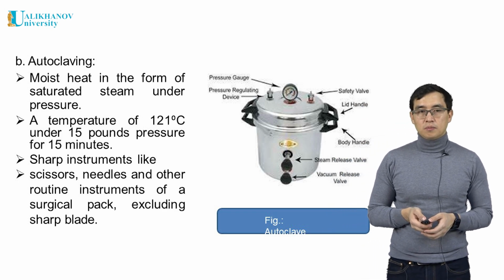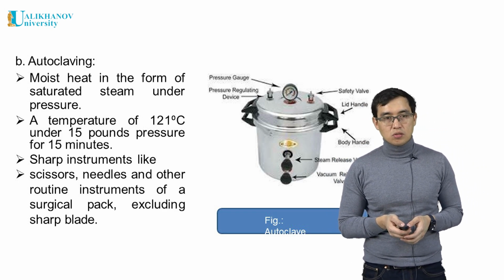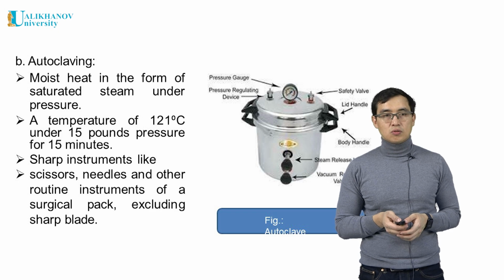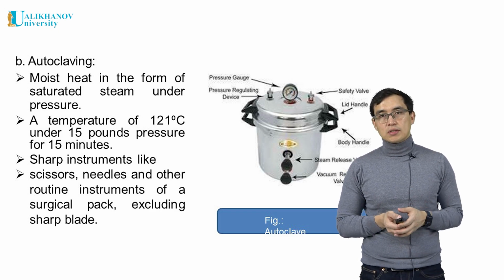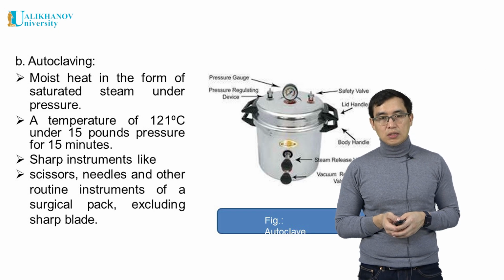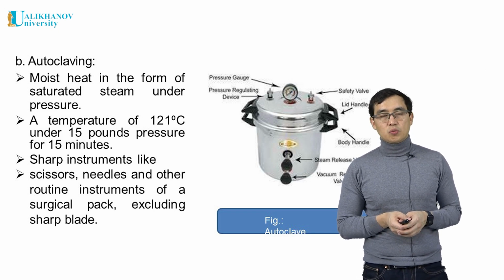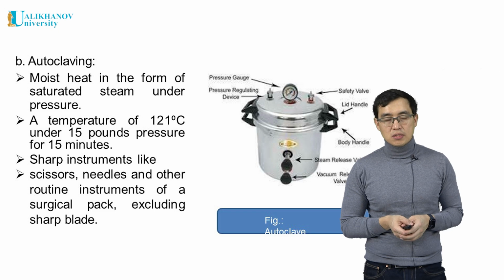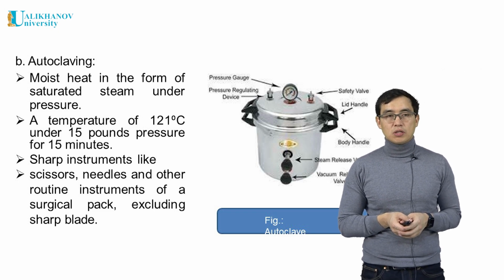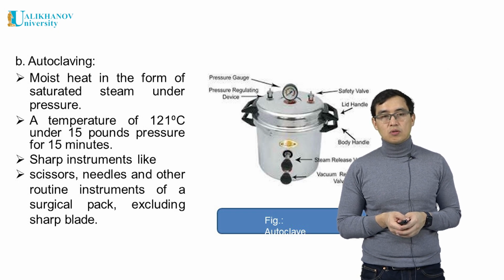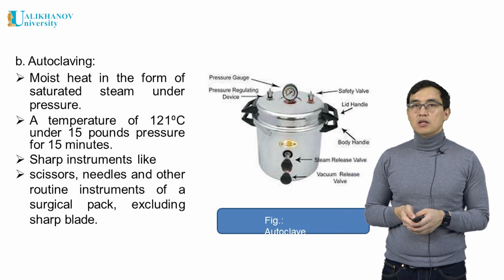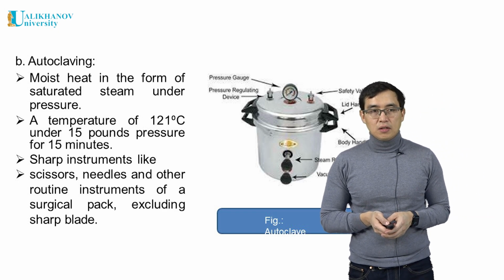Autoclaving is moist heat in the form of saturated steam under pressure. In this figure you can see what an autoclave looks like. A temperature of 121 degrees Celsius under 50 pounds pressure for 50 minutes is used for sharp instruments like scissors, needles, and other routine instruments of a surgical pack, including sharp blades.